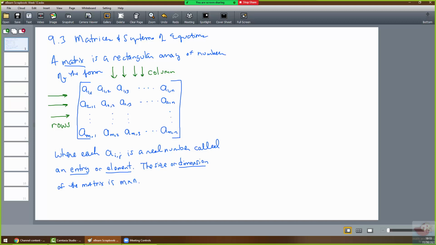What the subscript is saying is the first number is the row that it's in. The second number is the column that it's in. So notice A sub 2,3 is in the second row, third column. So a matrix is a very positional system.